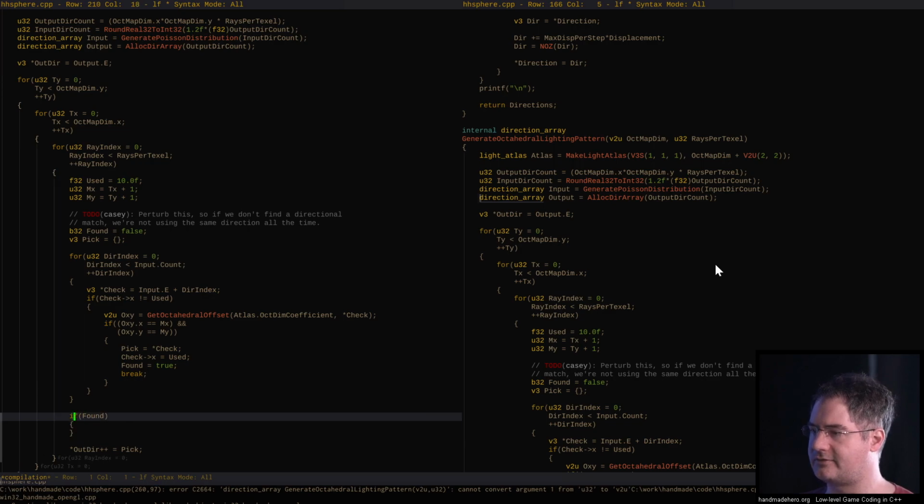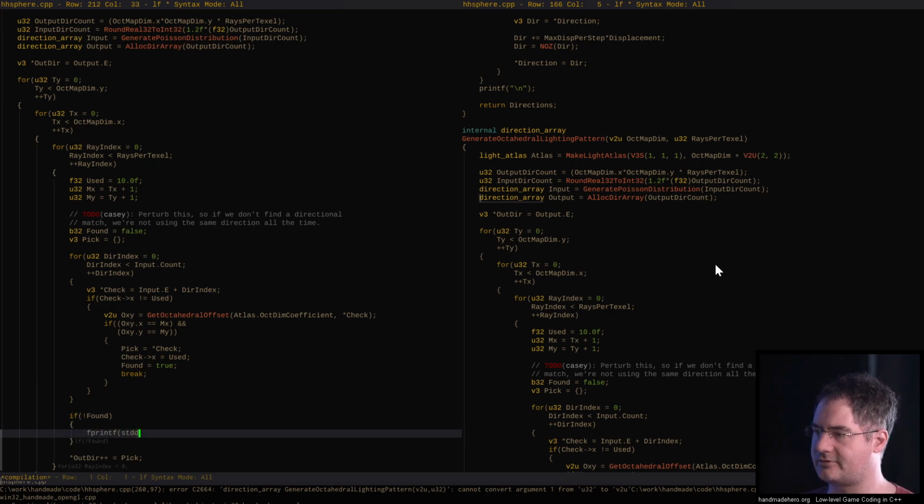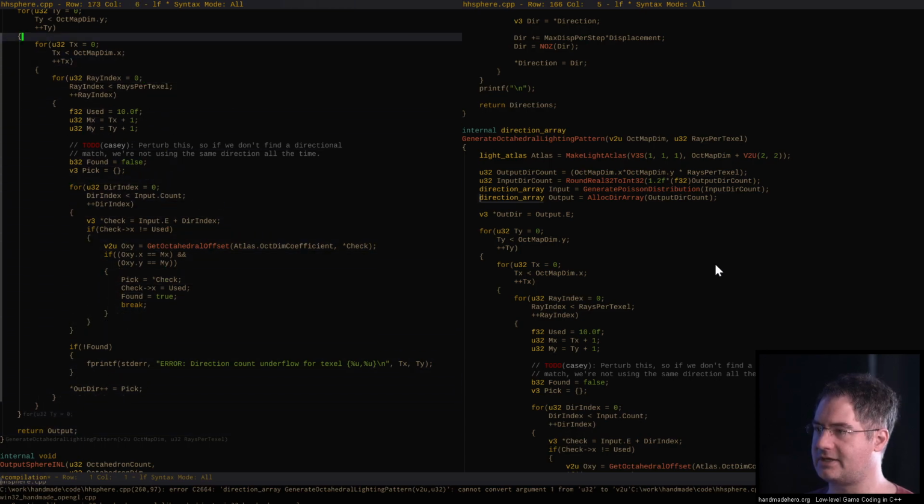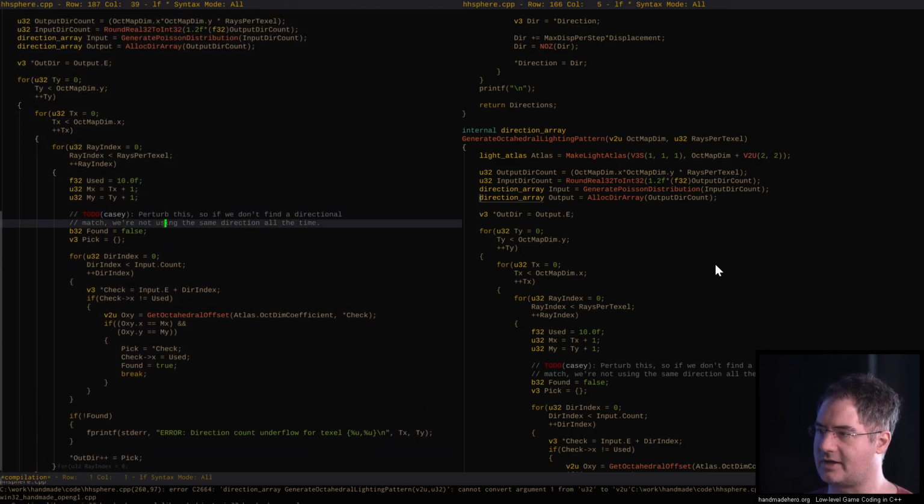So if we don't find one, we print out an error that this is really bad. Like, for this texel, we could not find enough. We ran out. And we just want that to be an error because we need to go fix the code. It's not good enough at that point. And we need to fix it.